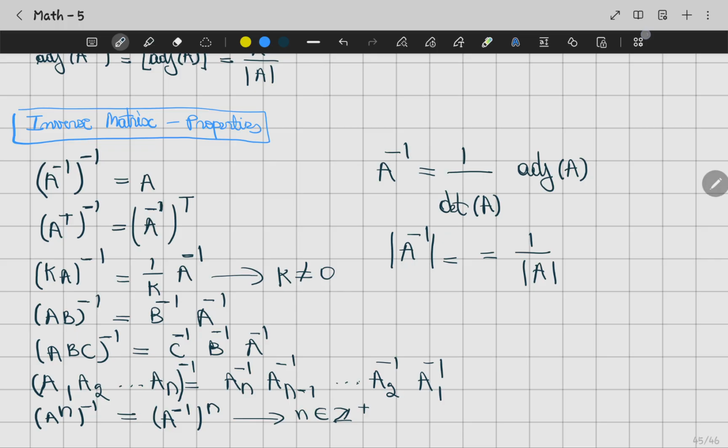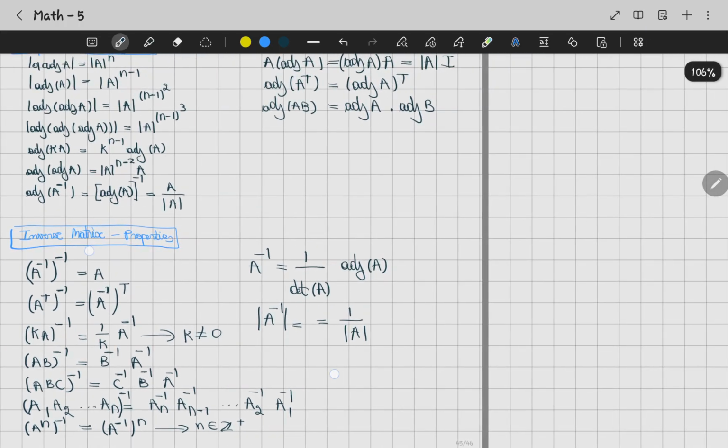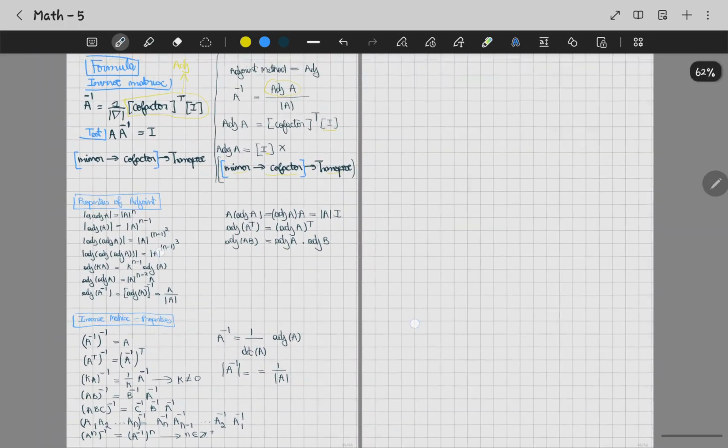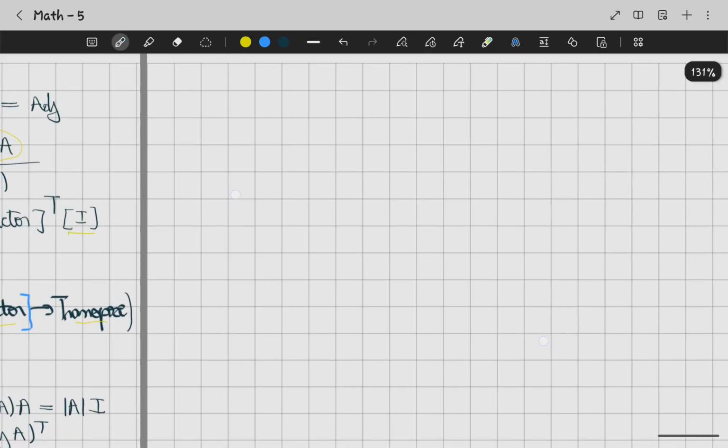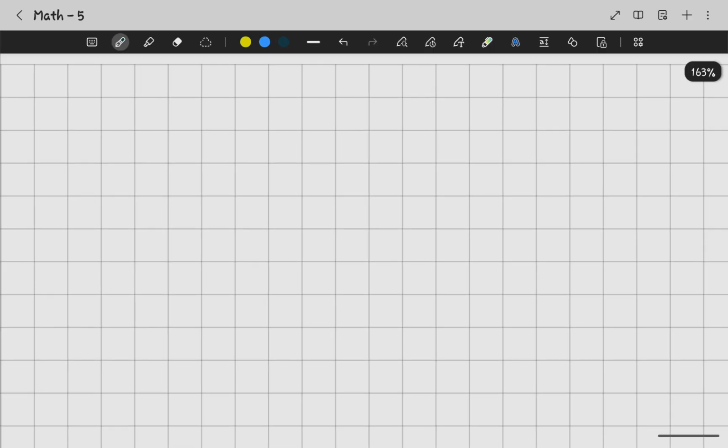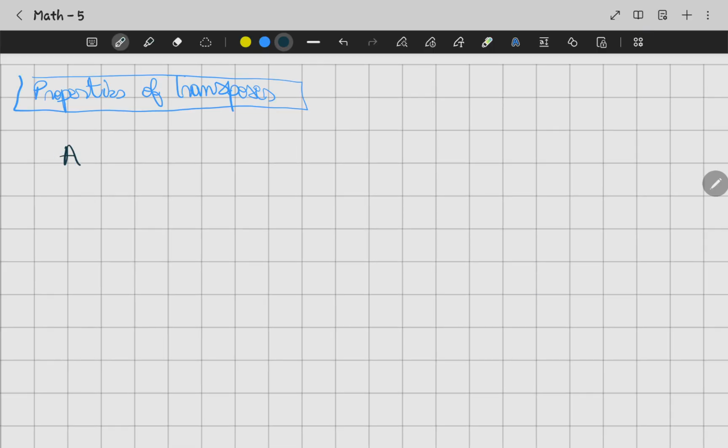Okay, alright, so now let's see other properties called transposition that we can use. Let's see the transpose of a transpose will give us just A, it's going to cancel out.